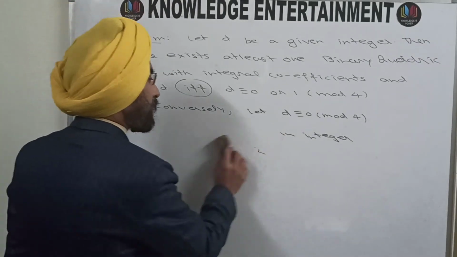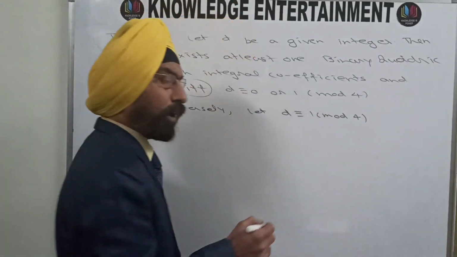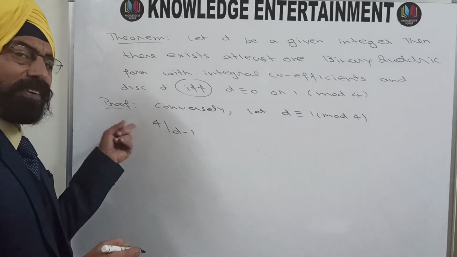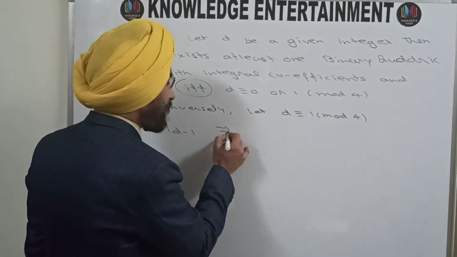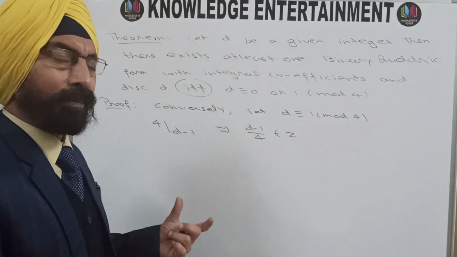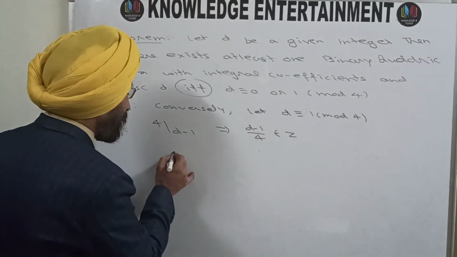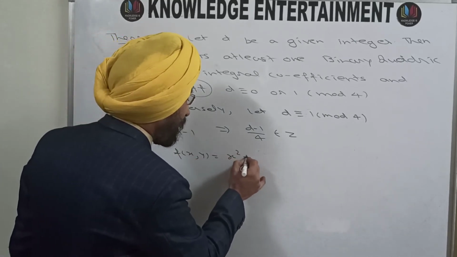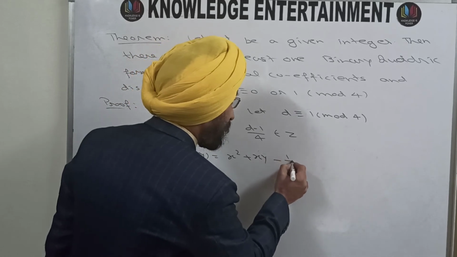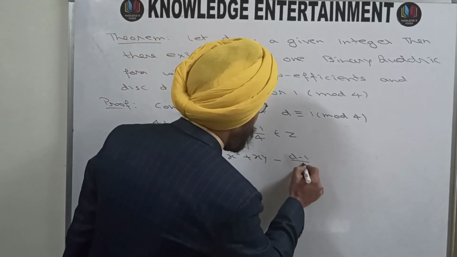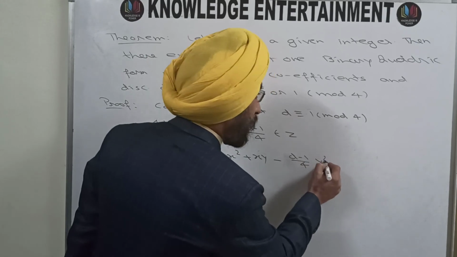And suppose the second case, when your D is congruent to 1 mod 4. That means 4 divides D − 1 now, and if 4 divides D − 1, this means (D − 1)/4 belongs to Z, that means it is an integer. In this case, consider this binary quadratic form f(x,y) = x² + xy − ((D − 1)/4)y².